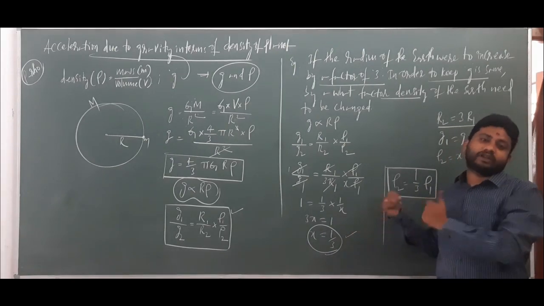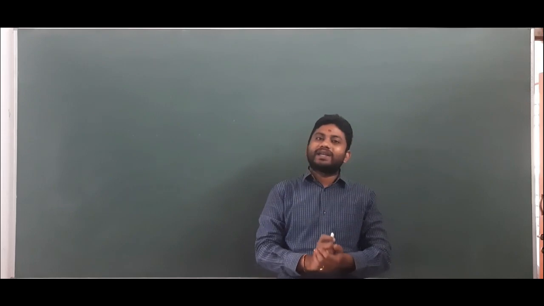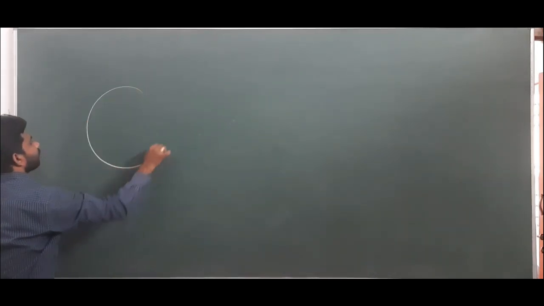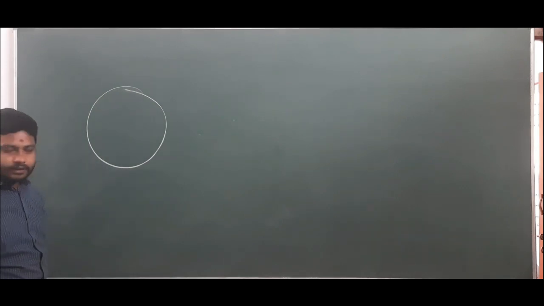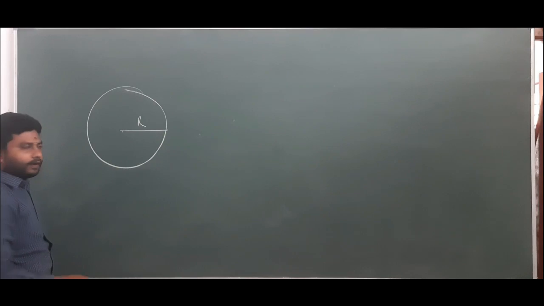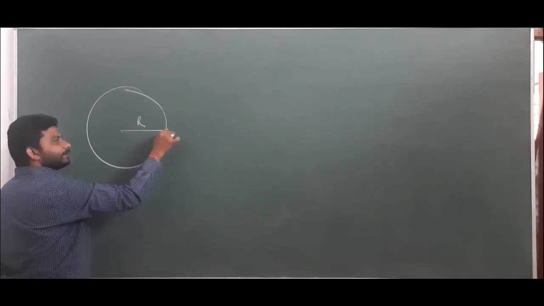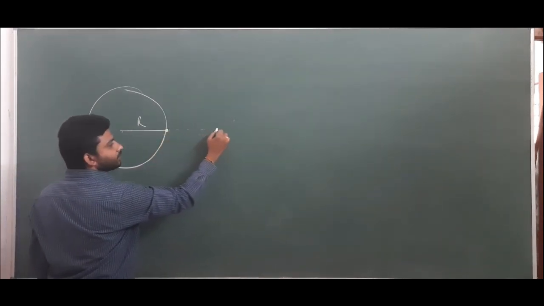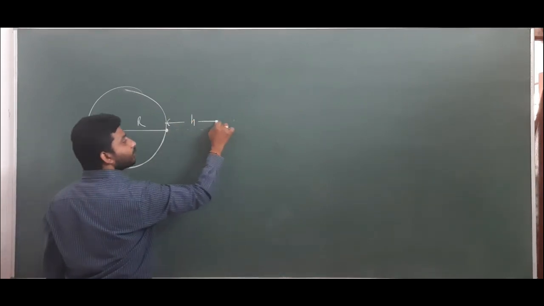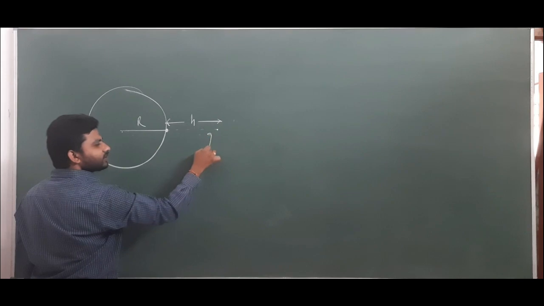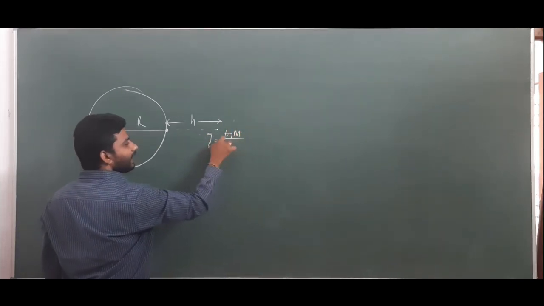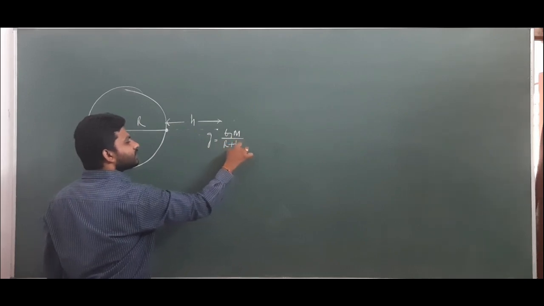Now let's continue further. What we had discussed already is, this is the surface of the earth. You can see it's the radius of the earth. At some height from the surface, acceleration due to gravity is equal to G capital M by R plus H whole square.